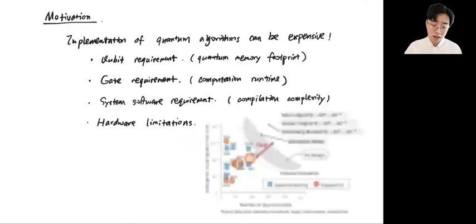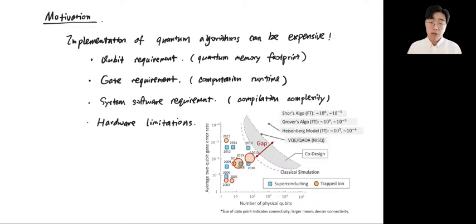Okay, let's get started. As we have seen in the first two modules of the course, implementation of quantum algorithms can be very expensive. They can cost a large number of qubits, also known as a quantum algorithm with a large quantum memory footprint.